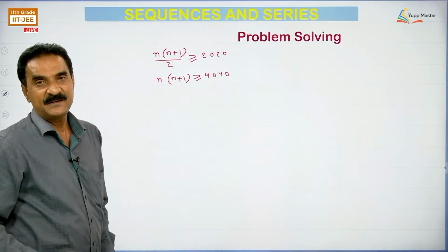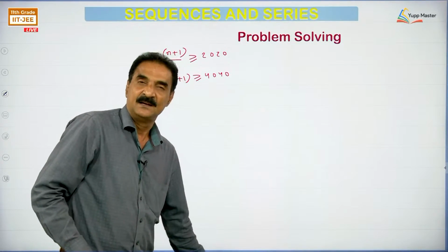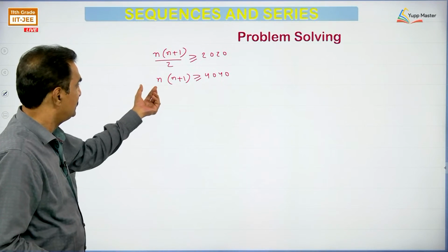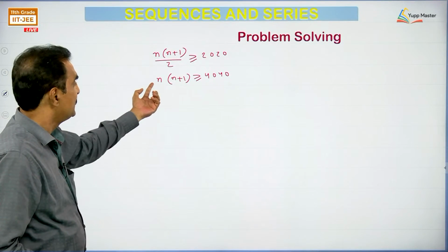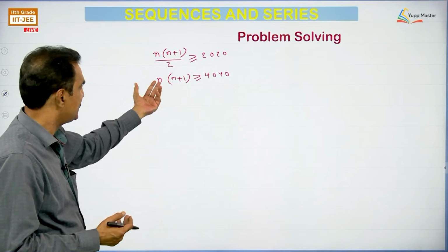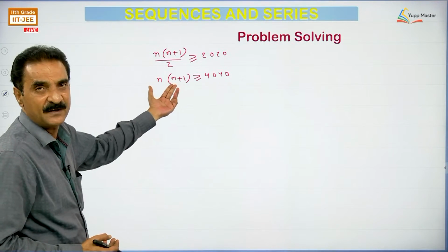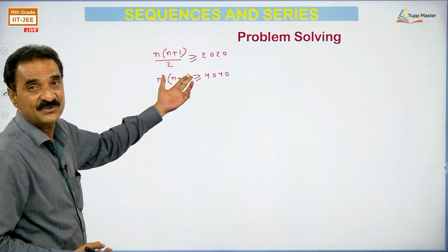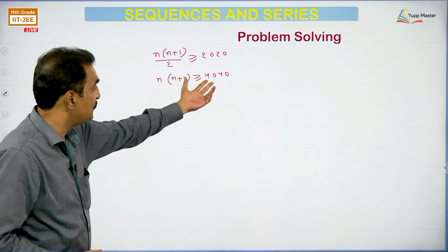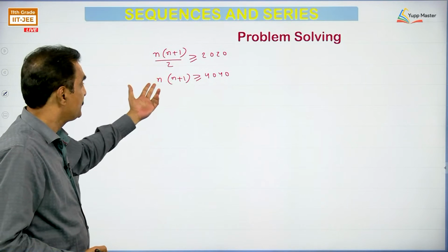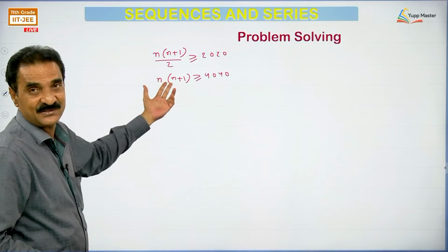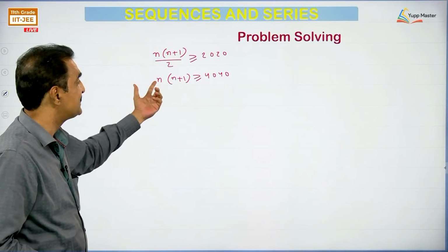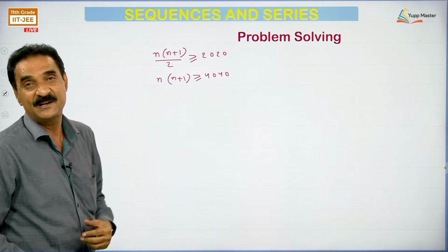Now we have to identify the positive integer n. Here by trial and error method, if you just check a large number, 50 into 51 is around 2500, 60 into 61 is 3660, and we need 4040. So n should be greater than 60. Okay, 70 into 71, 7 sevens are 49, so 4900 is coming.